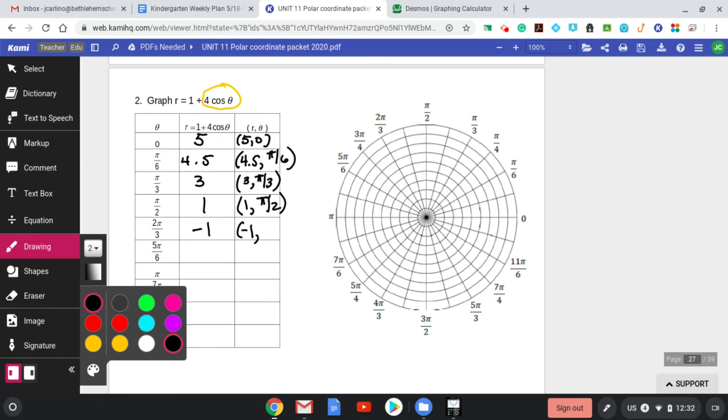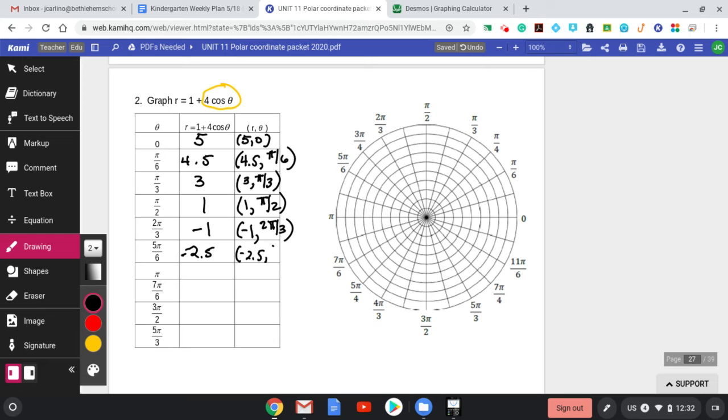Negative 1 comma 2 pi over 3. 5 pi over 6, negative 2.5. Negative 3. Negative 2.5. 1 and 3.